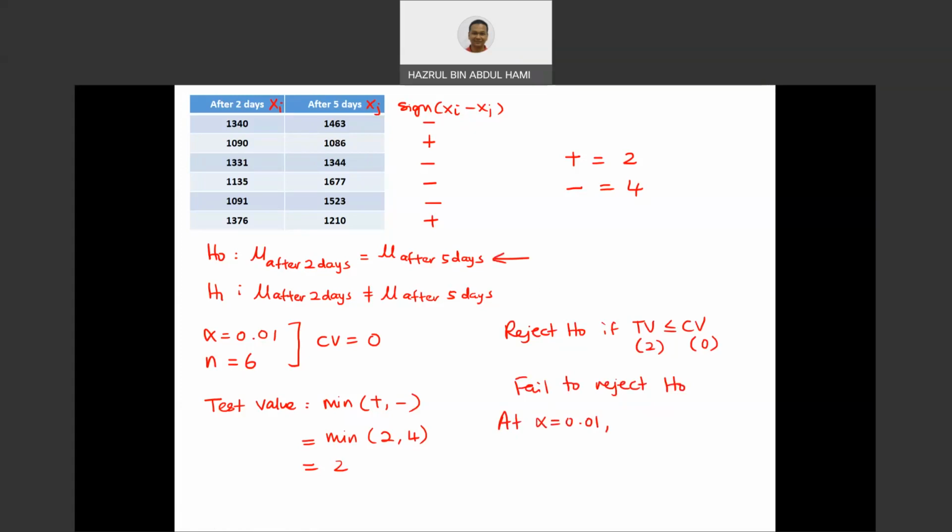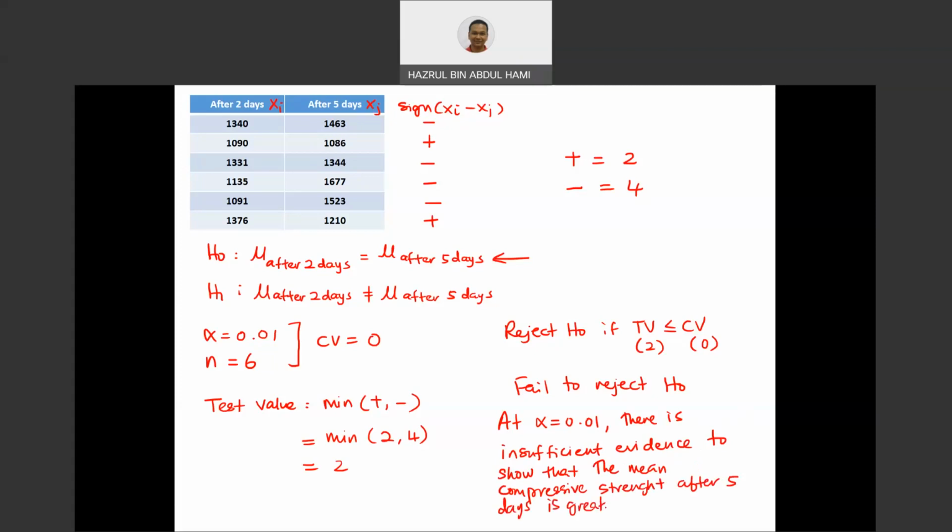There is insufficient evidence to show that the mean compressive strength after 5 days is greater or maybe less than after 2 days.